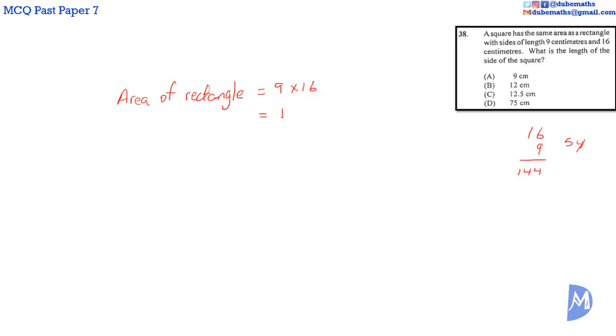The area of the rectangle is equal to 144 square centimeters. It is said that the square has the same area, so the square has an area of 144 square centimeters. The area of a square is equal to side squared, so side squared is equal to 144. Therefore, one side is equal to the square root of 144, which is equal to 12 centimeters. The answer is B.